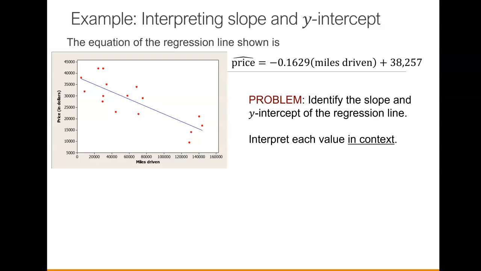What does the y-intercept say? The truck was worth $38,257. Great. Brand new with no miles on it. The truck was worth $38,257. Yeah, perfect.